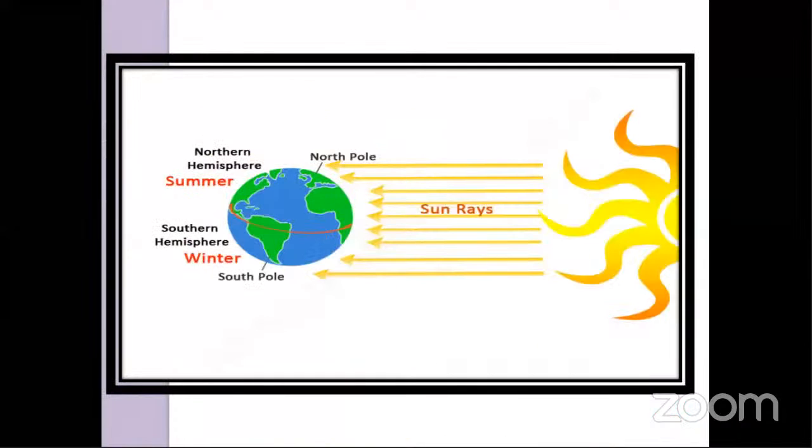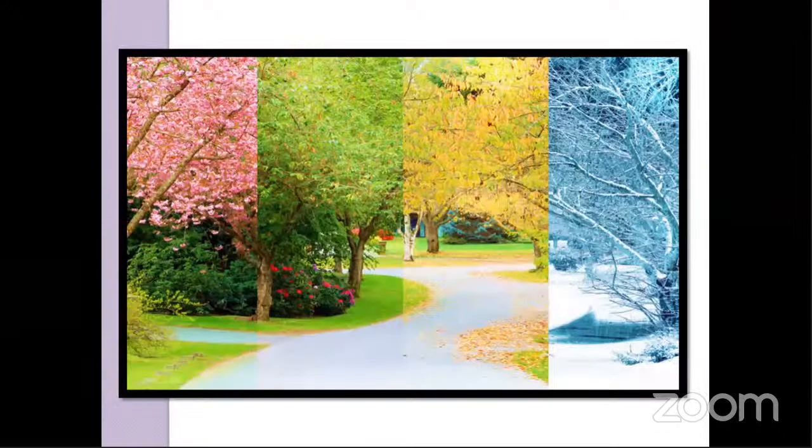See here, the sun rays in the summer season and also in our winter season are high and less. In summer season, the temperature is high, and in winter season, the temperature is low. It means there are different effects of heat that we observe. See here, 4 seasons and the 4 effects are shown in the picture.